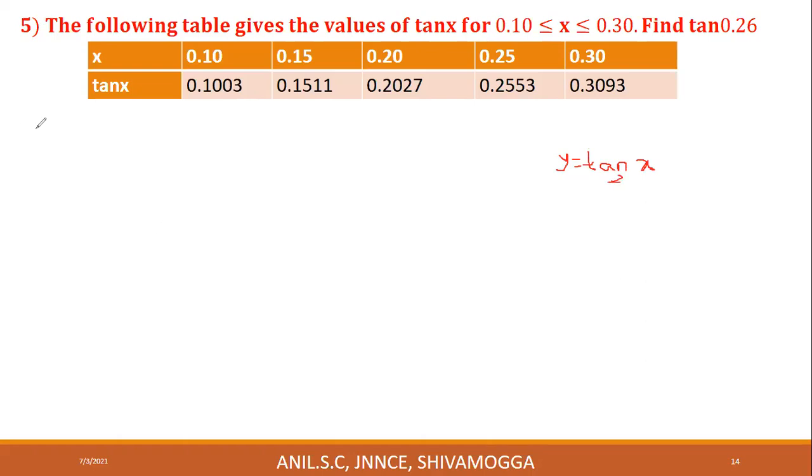Therefore, let's tabulate the values. X is the first column, y means tan x is the second column.